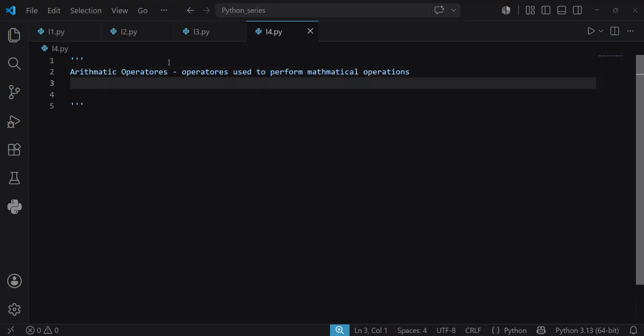So if we want to perform mathematical operations like addition, summation, subtraction, division, we use arithmetic operators.